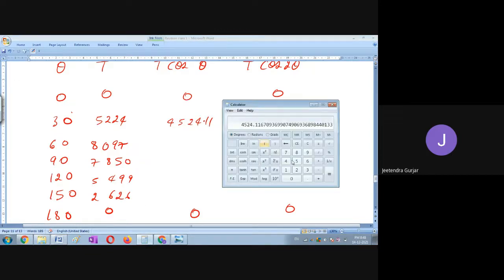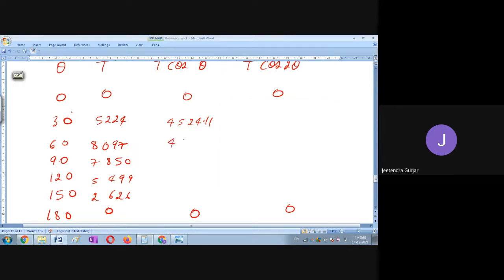Now next you can just see 60 cos into what, students? t, 8097. So easily you can see this, students. I'm getting 4048.5. So I will take here 4048.5. Same way you can go for next one.